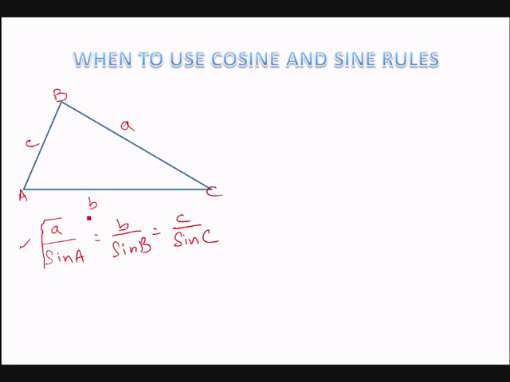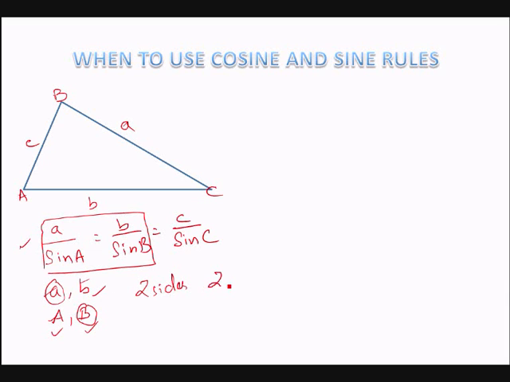I can take two ratios at a time for solving problems. I can see that there are two sides involved, a and b, and two angles involved, the capital A and capital B. That is, we have two sides and two angles involved in a sine rule. Therefore, if any three of them are given, I can find the fourth value.